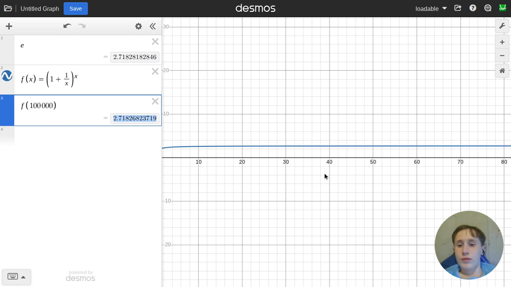It's pretty close, all things considered. Let's say a million, 10 million, 100 million, a billion, 10 billion, 100 billion, a trillion, 10 trillion, 100 trillion, a quadrillion, 10 quadrillion. Whoa. Well, that's because Desmos can't really handle numbers that big, but that's not really the point.